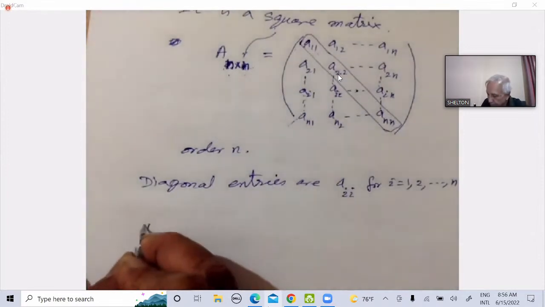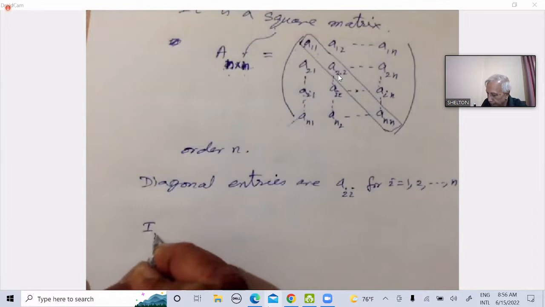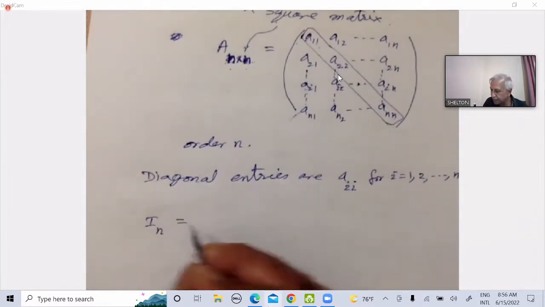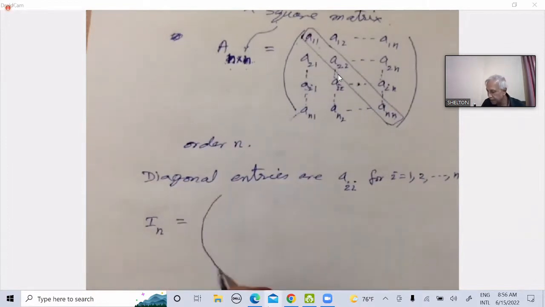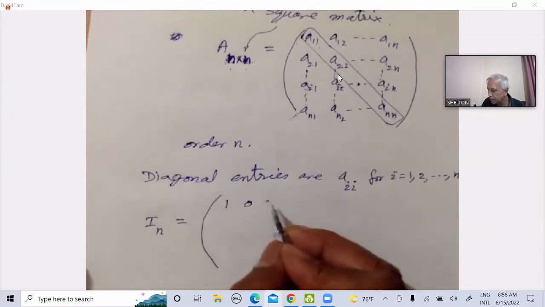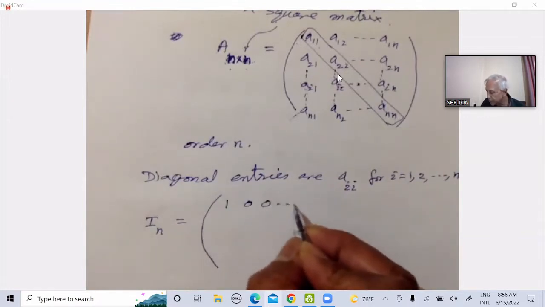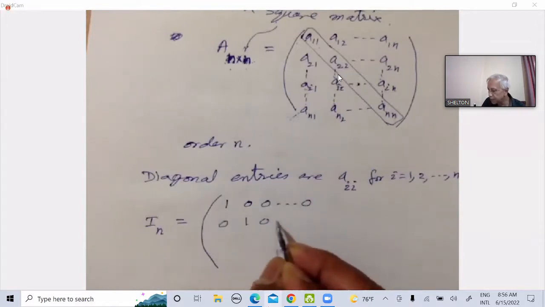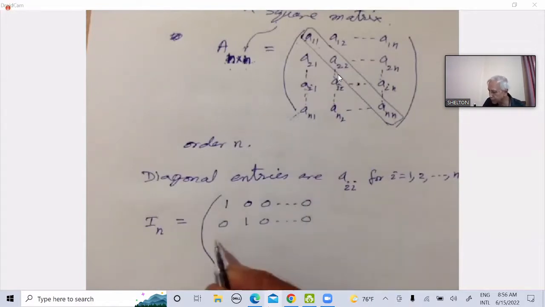In, identity matrix of order n, is the matrix with rows 1, 0, 0, ...; 0, 1, 0, ...; 0, 0, 1, ...; and it continues, with the last row 0, 0, 0, ..., 1.